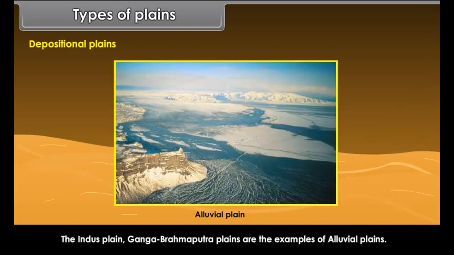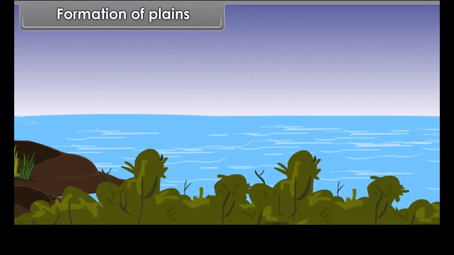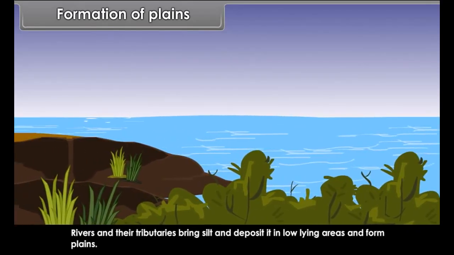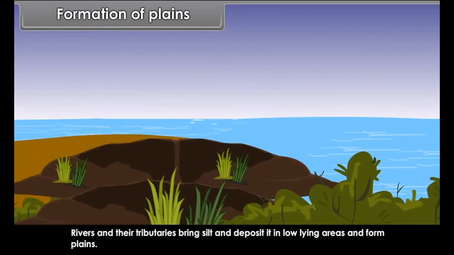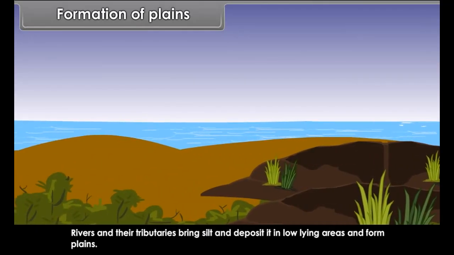The Indus plain, Ganga-Brahmaputra plains are the examples of alluvial plains. A plain which is formed by the depositional work of wind is called Loess plains. Northwestern China is an example of this plain.